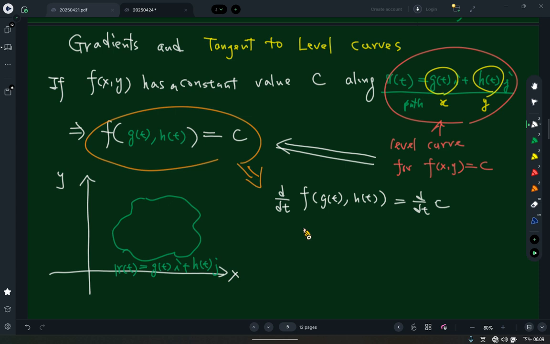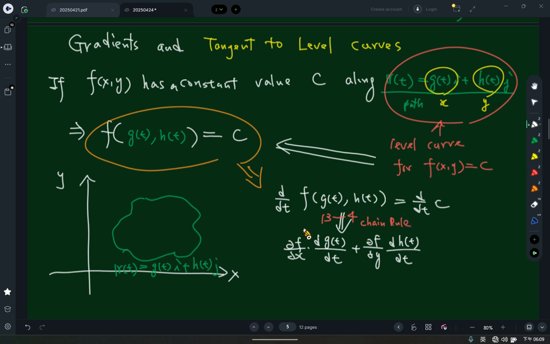For the left-hand side, we have partial f partial x times dg of t over dt plus partial f partial y times dh of t over dt. So this is through chapter 3 section 4, the chain rule.